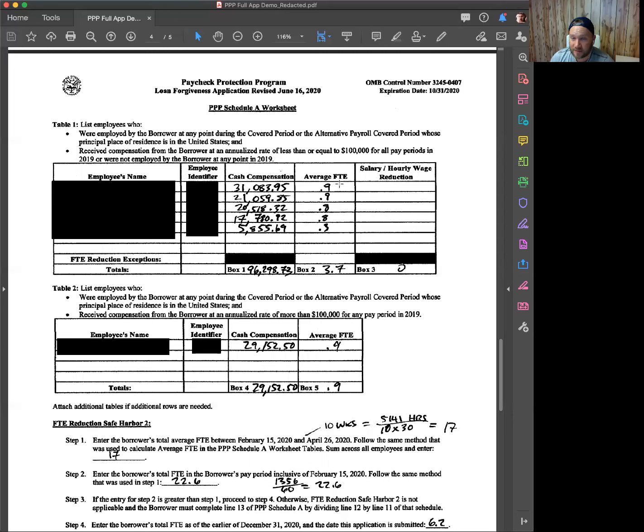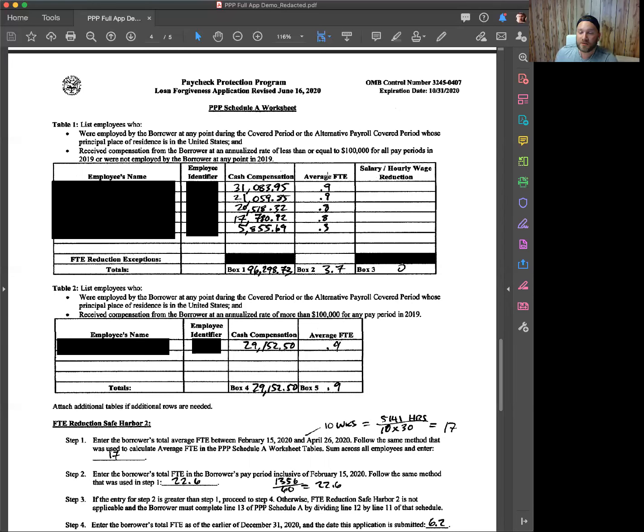Gusto has done a lot of work, and I'm happy to plug them for no compensation because they did a tremendous amount of work this year helping provide people information to navigate the application process for PPP, as well as other things like the Social Security tax credits, et cetera, all these payroll-related programs that came up this year. And they are also doing a lot to help you figure out this part of it, the PPP forgiveness bit.